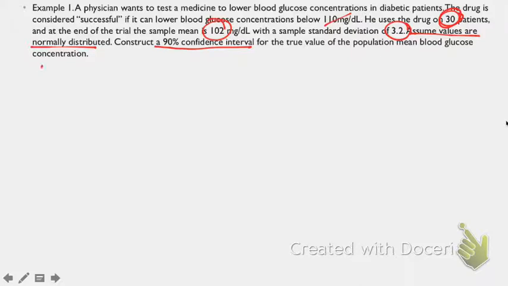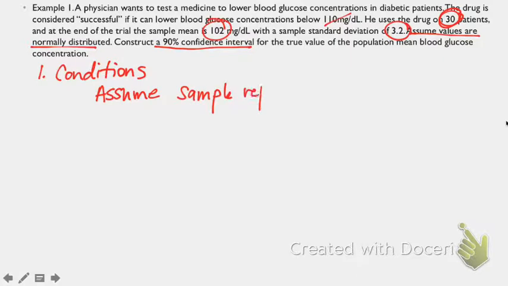So, for my conditions, does it say it's a random sample? No. So we assume the sample represents the population.